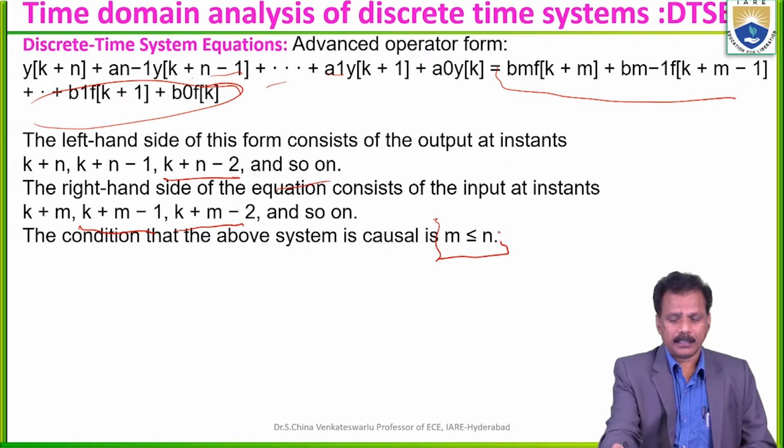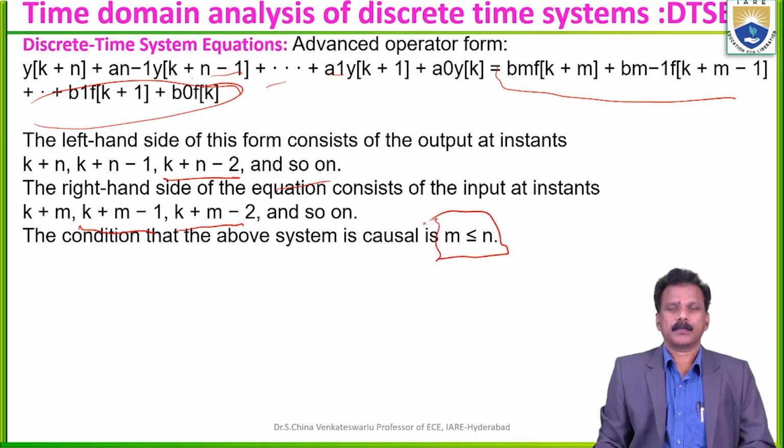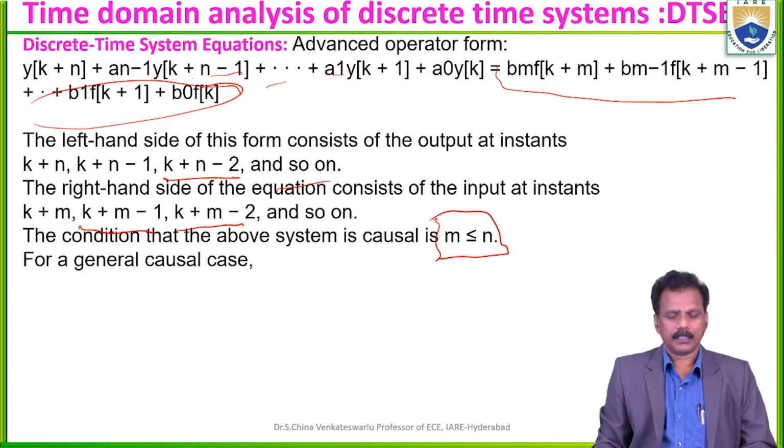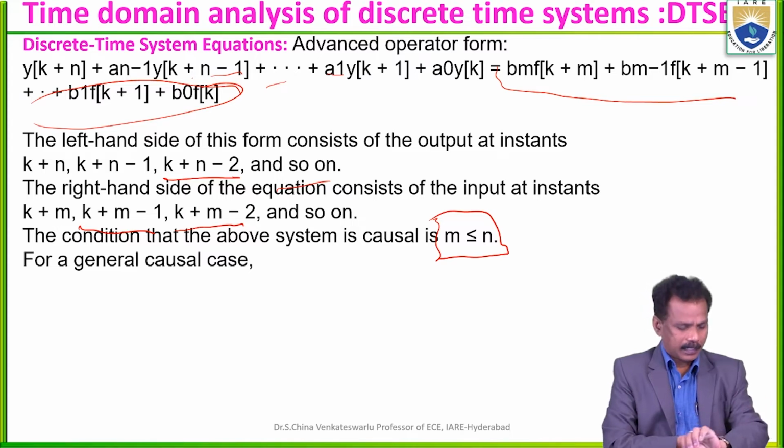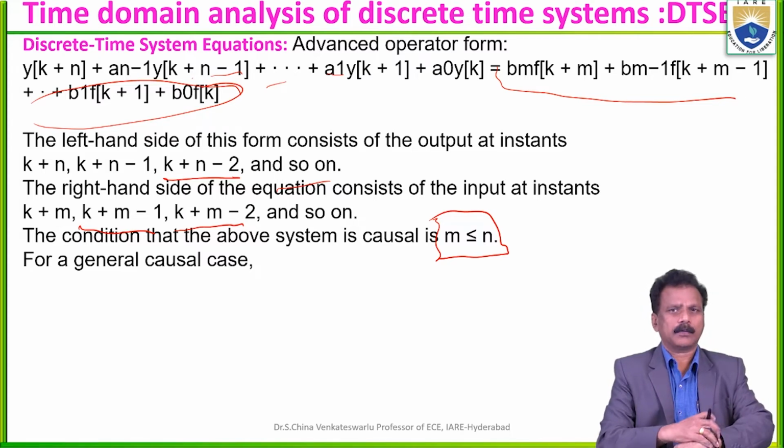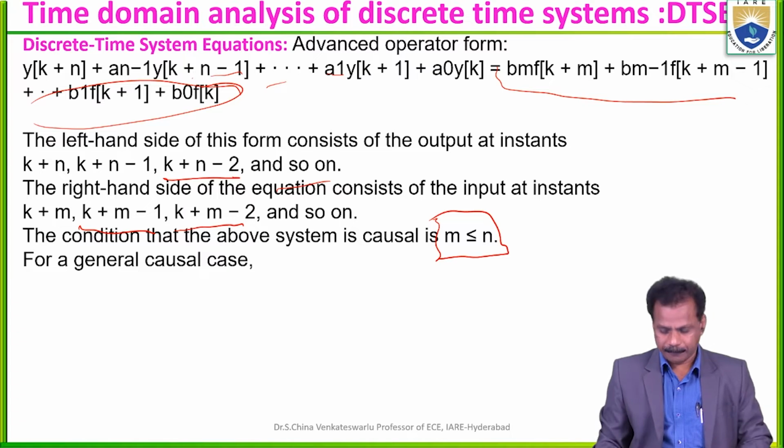So for a general causal case, we can verify that m is equal to n.